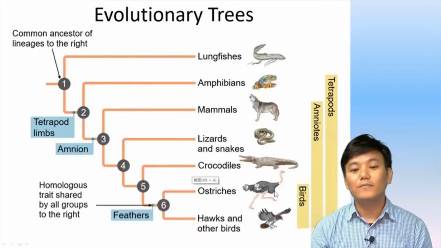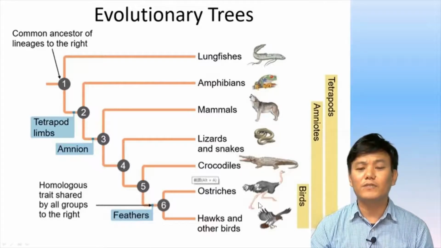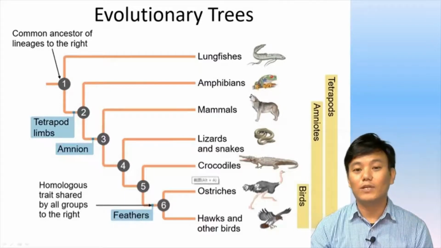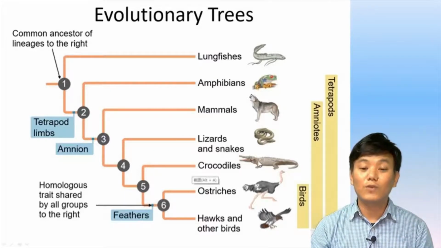Okay, we can simplify in this manner. Let's say that ostriches and hawks and other birds are more closely related compared to the crocodiles. But crocodiles, ostriches, and hawks are more closely related than lizards and snakes. So this is about evolutionary relationship.